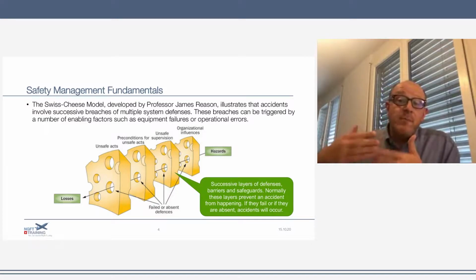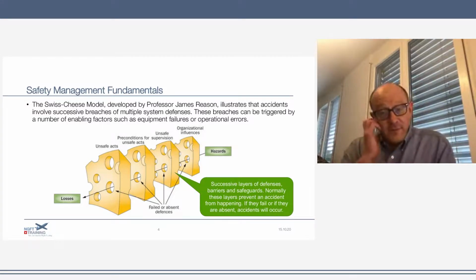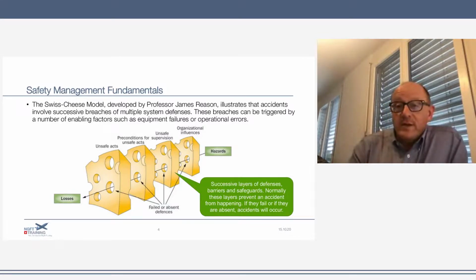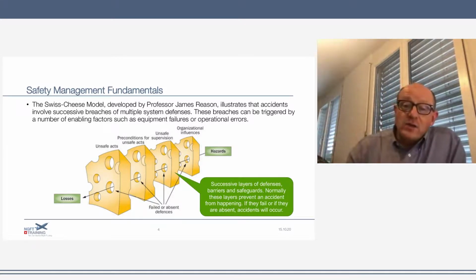Now, barriers, we can define them, but how do we measure whether a barrier is a good barrier or a bad barrier, whether the barrier that we define is effective? Now, that being said, we have a starting point, barriers, based on our risk analysis to identify the area where we could actually start to measure.